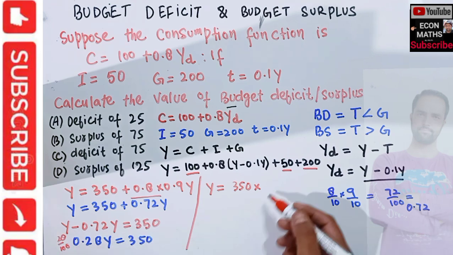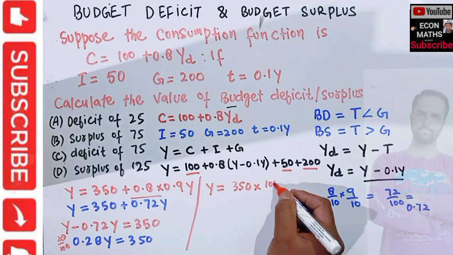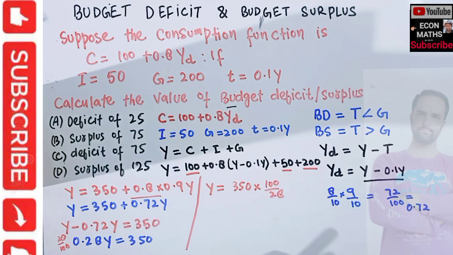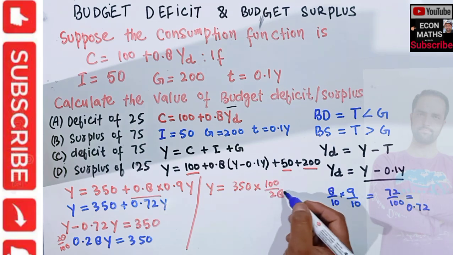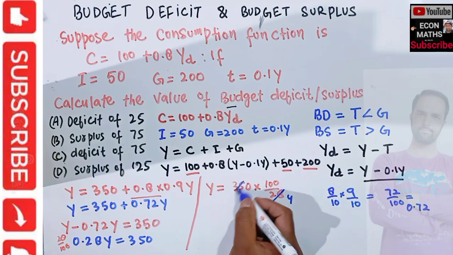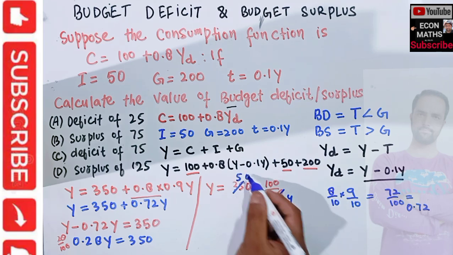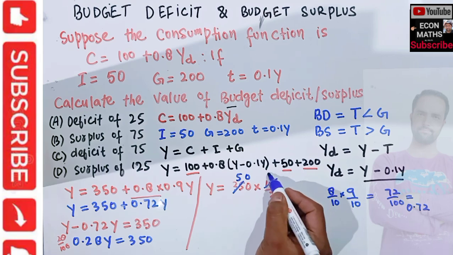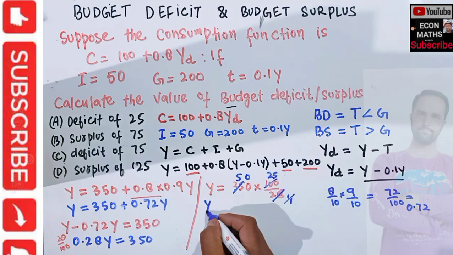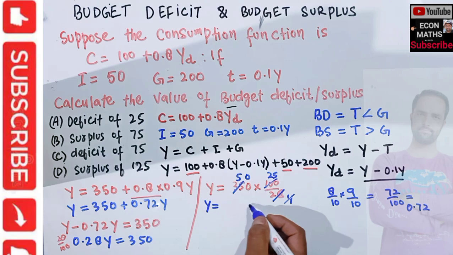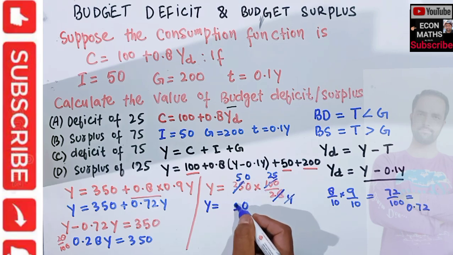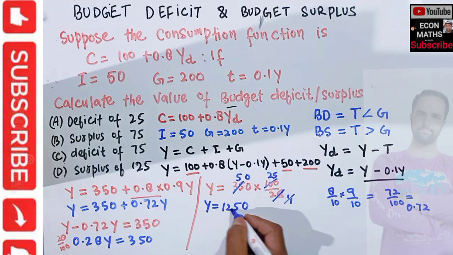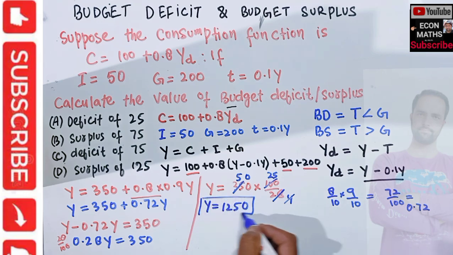When we transpose, it gets reciprocated and multiplied, so Y = 350 times 100/28. Working this out, we got 1250 as our equilibrium level of income.